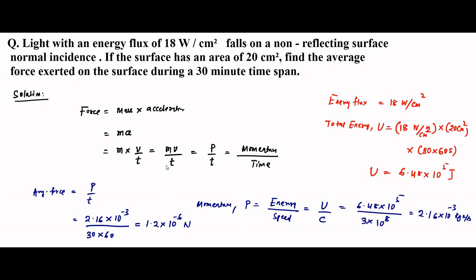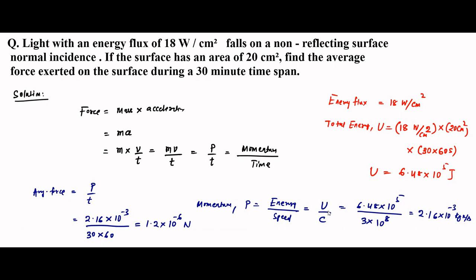Okay, so first we used the simple formula of force, which is force equal to mass into acceleration. From that we converted it into this form, which is momentum by time. Then we had to calculate the value of momentum for the electromagnetic wave. For that we calculated the total energy.